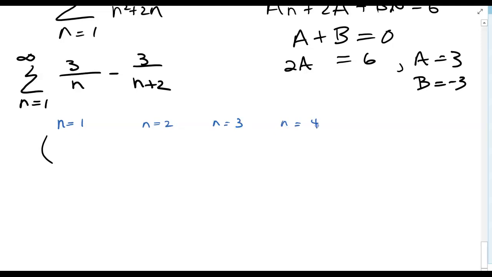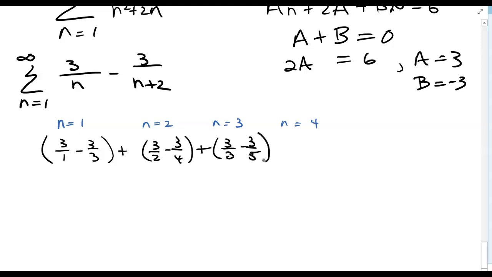We should be able to just do it to n equals 4 at first. So for n equals 1, what do we get? We get 3 over 1 minus 3 over 3, plus n equals 2 is 3 over 2 minus 3 over 4, plus n equals 3, plus dot dot dot.